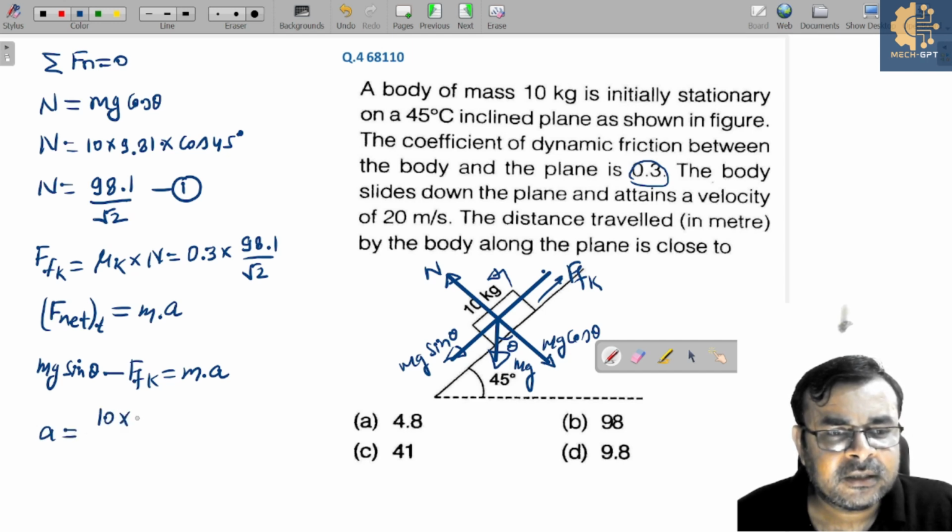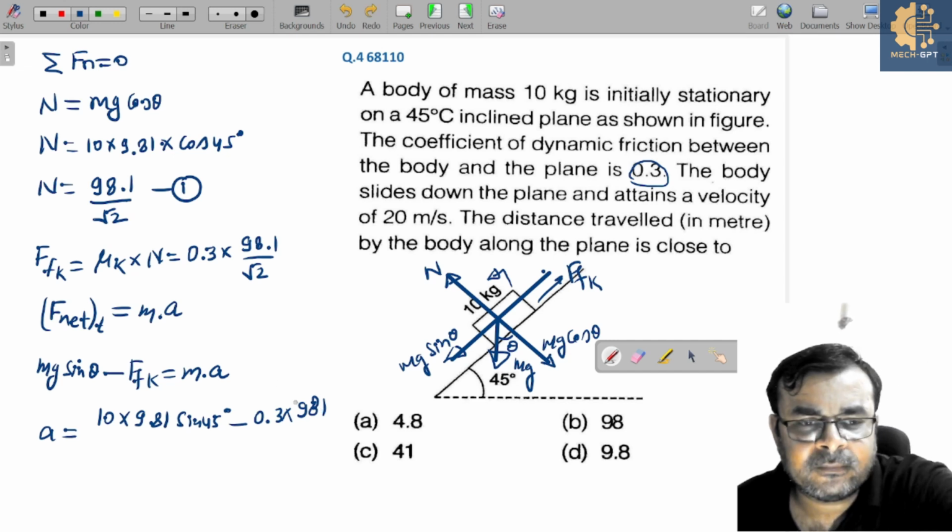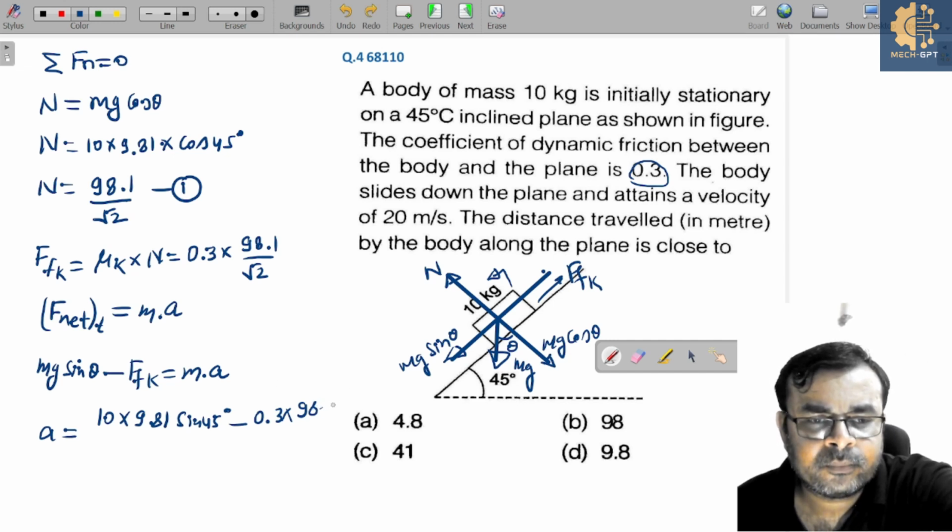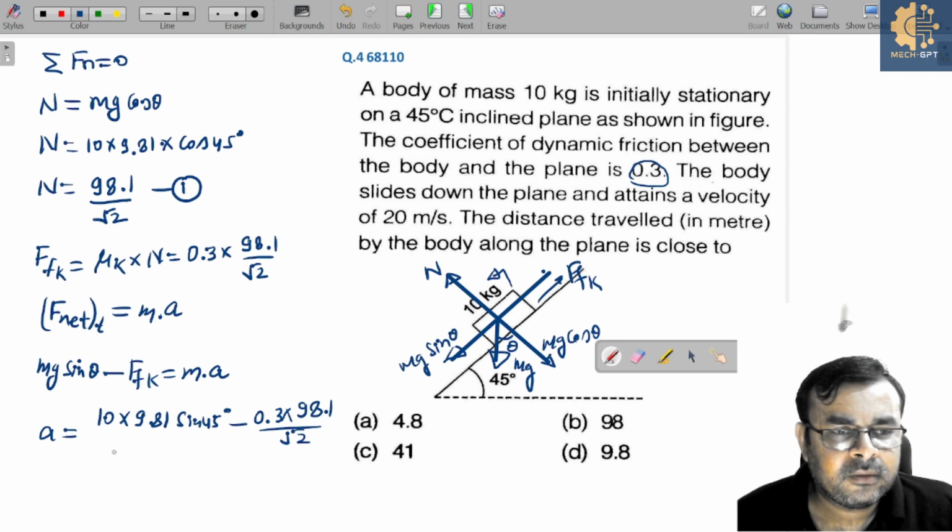This is 10 g, that is 9.81 sin 45 degree minus Fk, which is 0.3 into 98.1, not 981, over root 2, divided by mass, that is 10 kg.